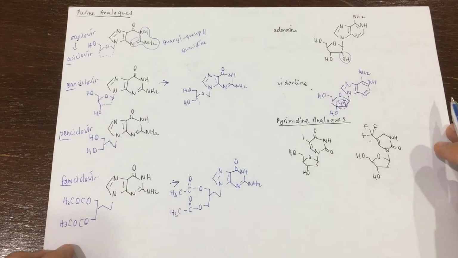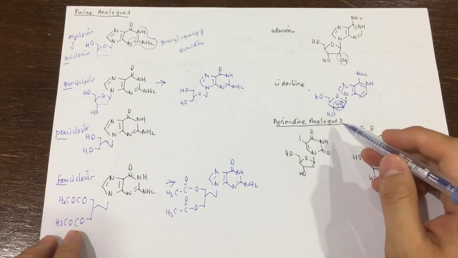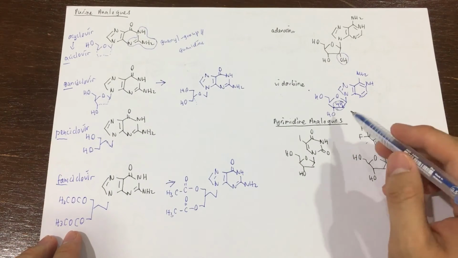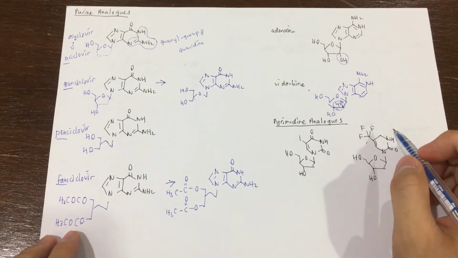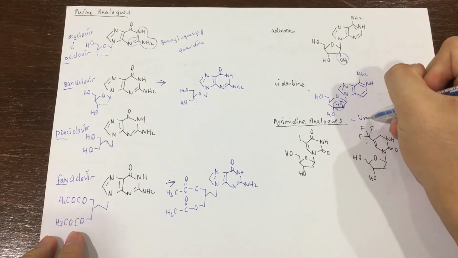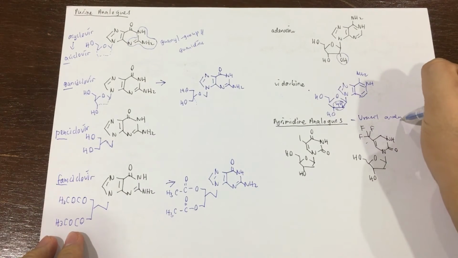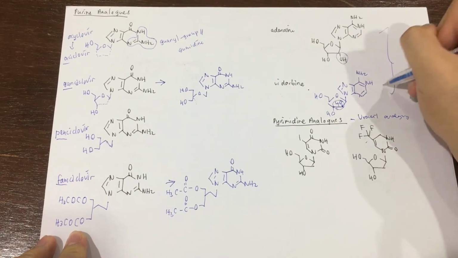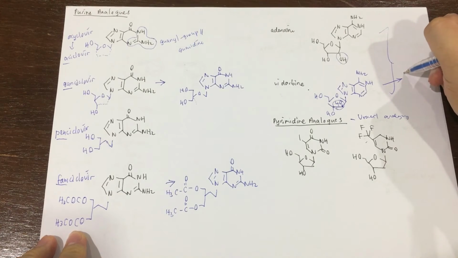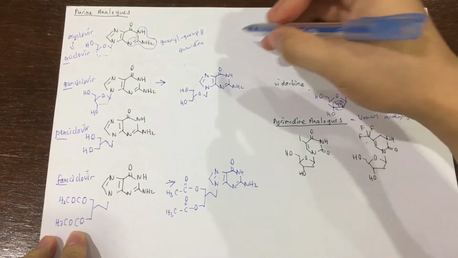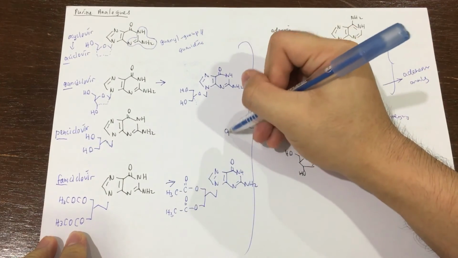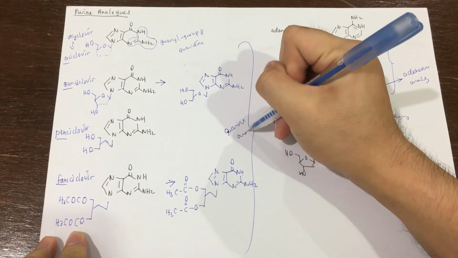So moving on to the last portion of the video today, pyrimidine analogues, specifically uracil analogues. Okay, uracil analogues. So this one is an adenosine analog, and these 4 are guanine analogues.